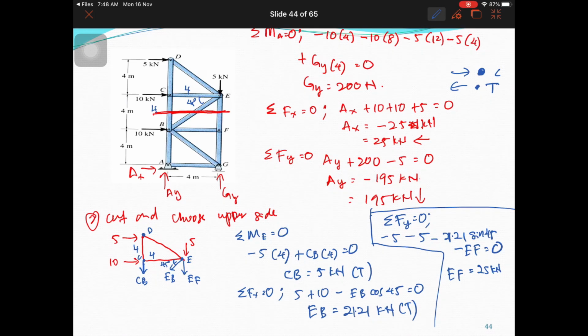Negative, so the direction is opposite to what we assumed. So it becomes compression. EF is this way. It's push, so it's compression. So you get the answers: EF, EB, and CB.